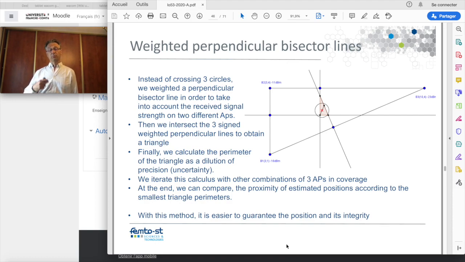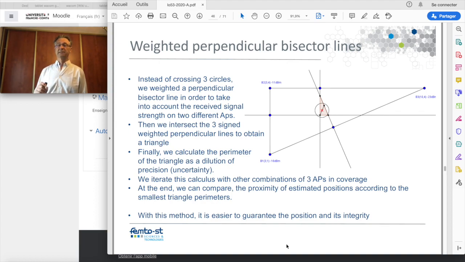So if you have more than 3 access points in the area, let's say you have 6 or 7 access points, maybe you can combine 3 access points differently, and you are going to have as a result a big triangle for 3 access points, but for 3 others probably you are going to have a smaller triangle.